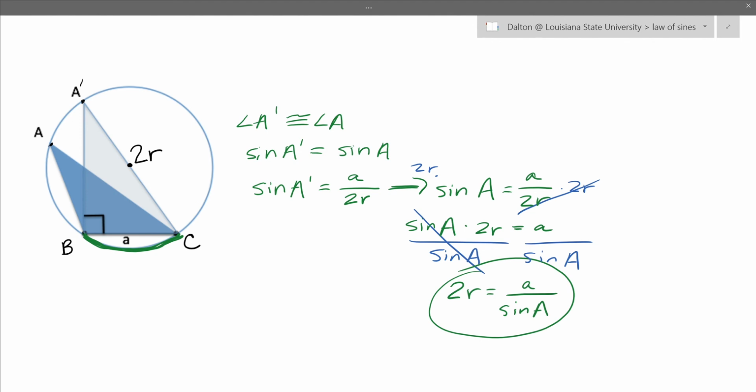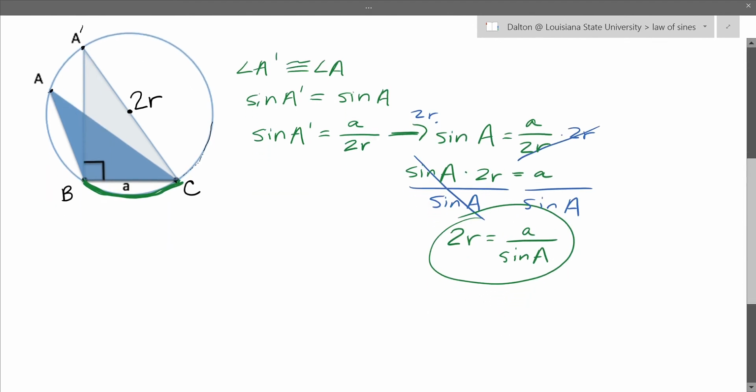So what we could do is, and we're not going to take the time to do it, if we were to take point B and point C and also slide them along the circumference of the circle, to where we were to stretch them out and create right angles by drawing diameters through angle B and angle C, then we would find that angle B and angle C have these same properties as angle A prime does. It would be the same as B prime and C prime that we would make.